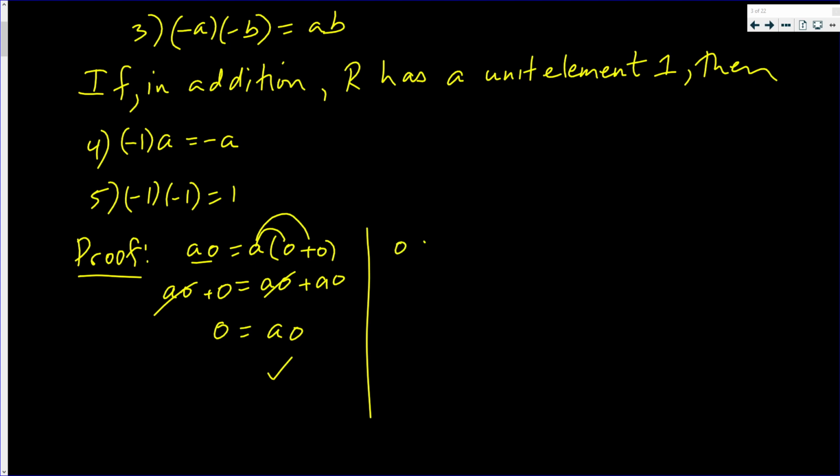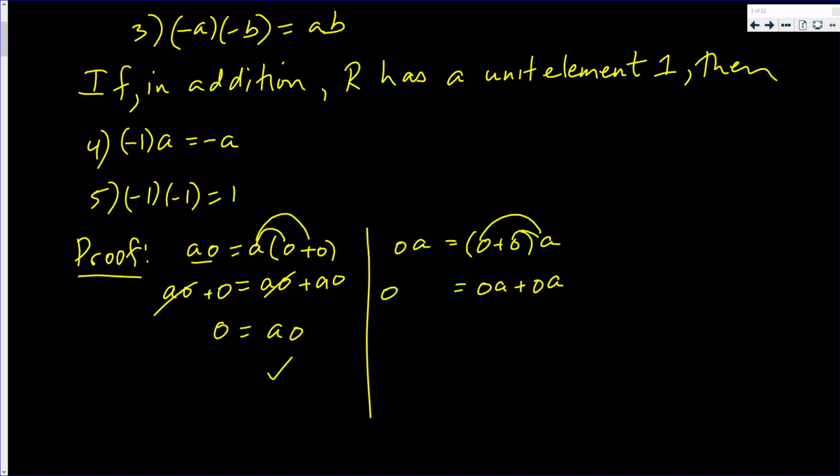Now, I want to put the 0 on the left, and I want to show that 0a is 0. And the proof is going to be the same. 0 is the same as 0 plus 0, and a I don't change. Distribute. I have 0 times a plus 0 times a.